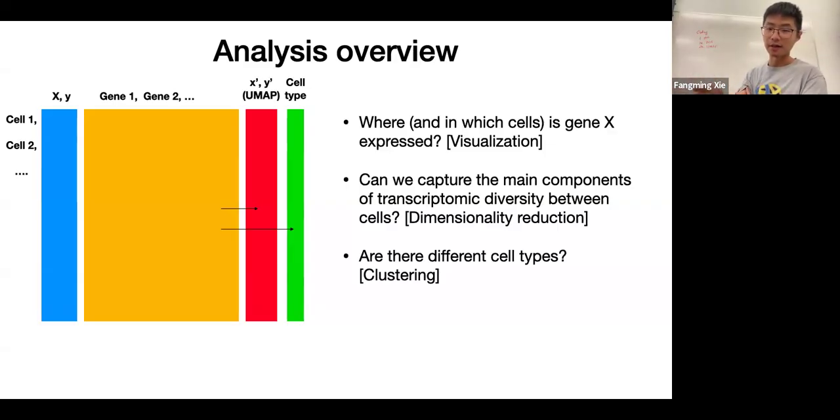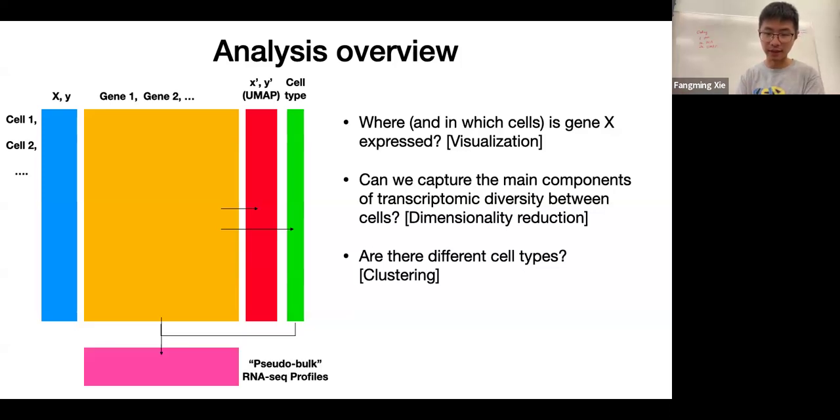Another way is we could also think about it in terms of cells. Some cells are more similar to each other than others, and cells are usually thought of as falling into different types or different groups. Are there different types based on their gene expression information or spatial information? That's clustering, which is now a quite standard way of analyzing this kind of data.